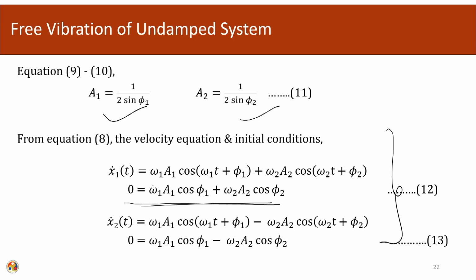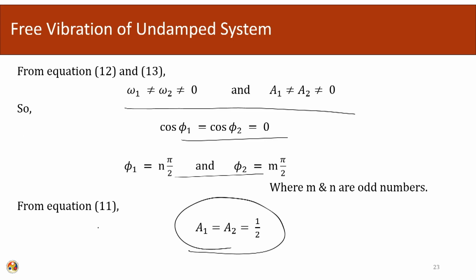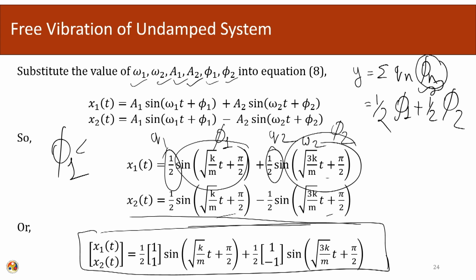Similarly, we put the initial condition of the velocity. We have assumed that the velocity at time t equals 0 at both the ends. So, we get the values of the unknown quantities: A1, A2 and the phase lag. So, we have omega 1, omega 2, A1, A2 and the phase lag evaluated.